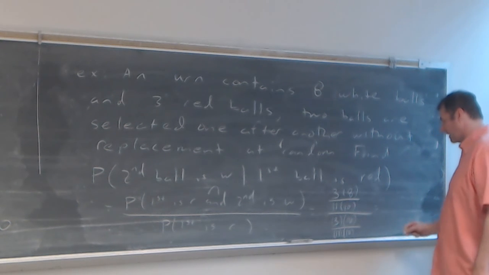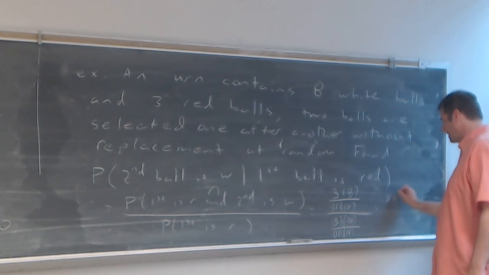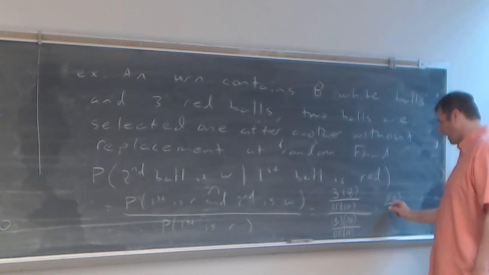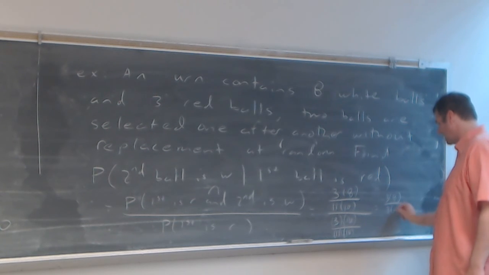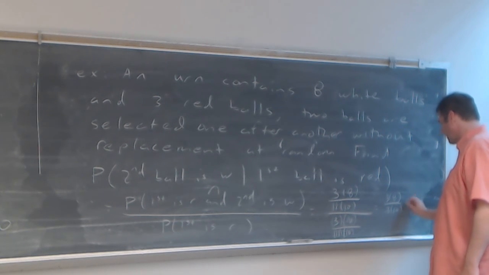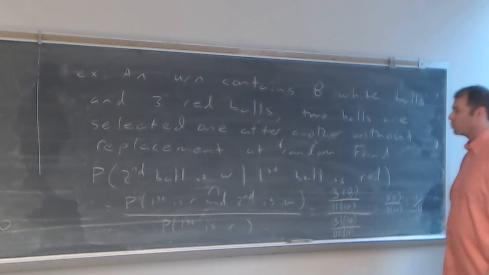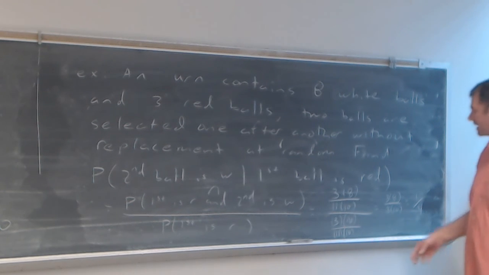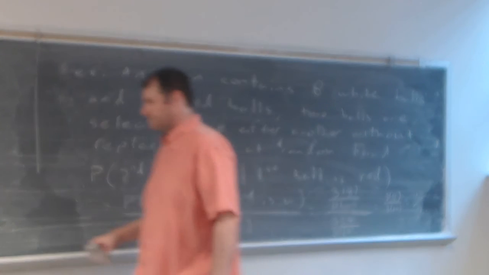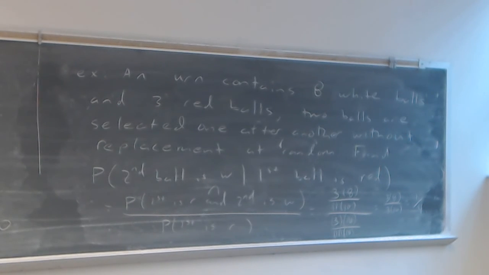And so what we end up getting here is 3 times 8 over 3 times 10. So we end up getting 1/4. So there's a 1/4 chance that the second ball is white given the first ball is red in this setting. So we're just following the definition of conditional probability.